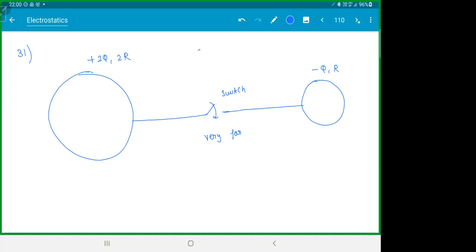Remember in the beginning, I told you, whenever you connect two conductors, charge will transfer till the potential becomes the same. So the question is, this is positive, this is negative, and you're connecting through a wire. Right? Find the final charges when the switch is closed.